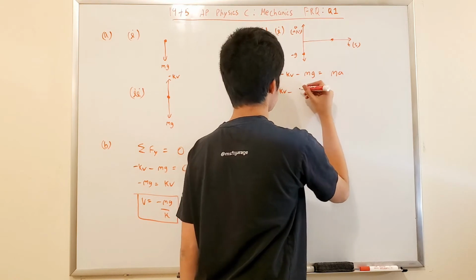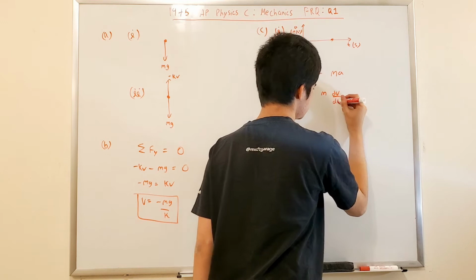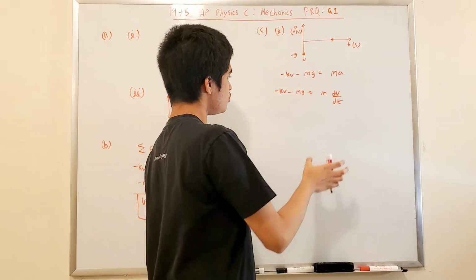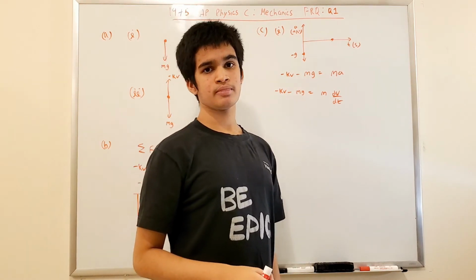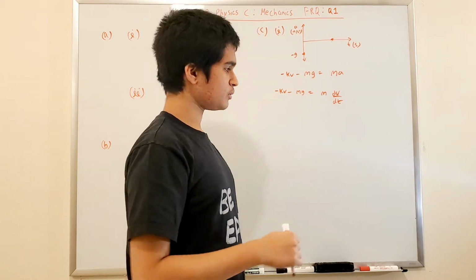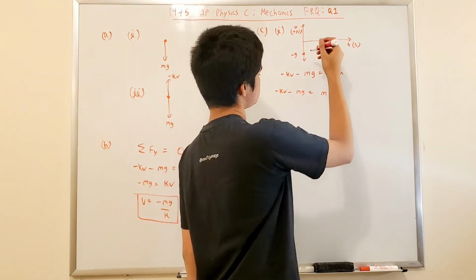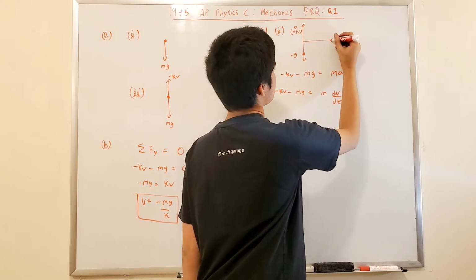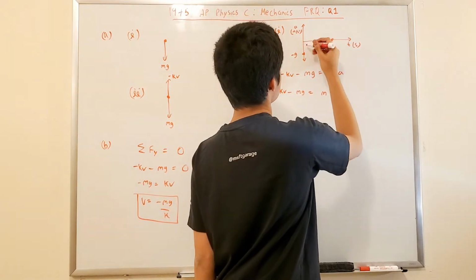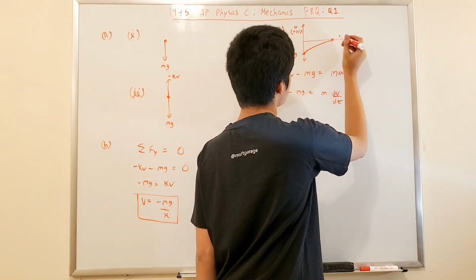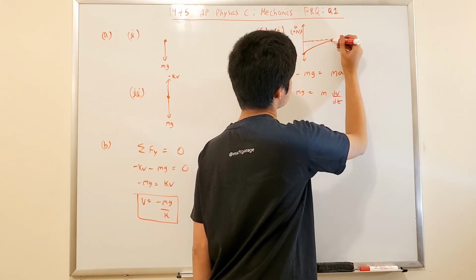So we get negative kV minus mg is equal to m times dv over dt. And we can now notice that this equation is a differential equation, and we can solve it. And when we solve it, we're going to get an exponential graph. So this part over here is going to be curvy. So our graph would look something like that, where this is an asymptote.